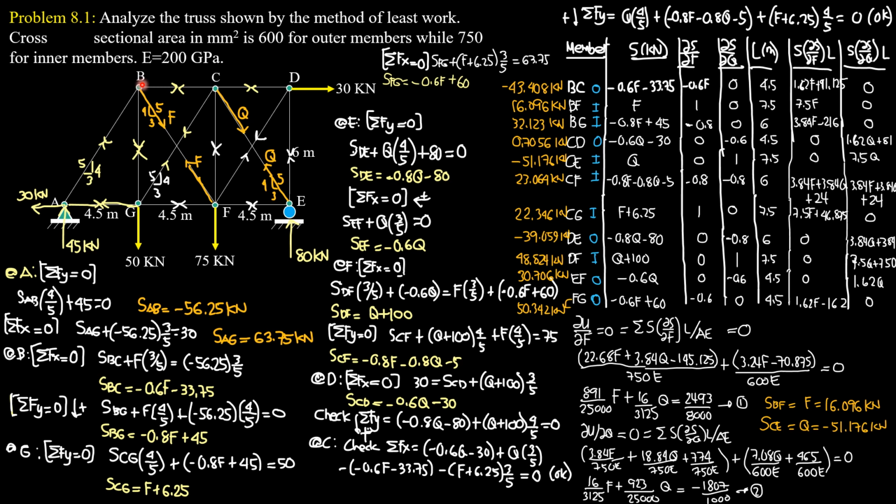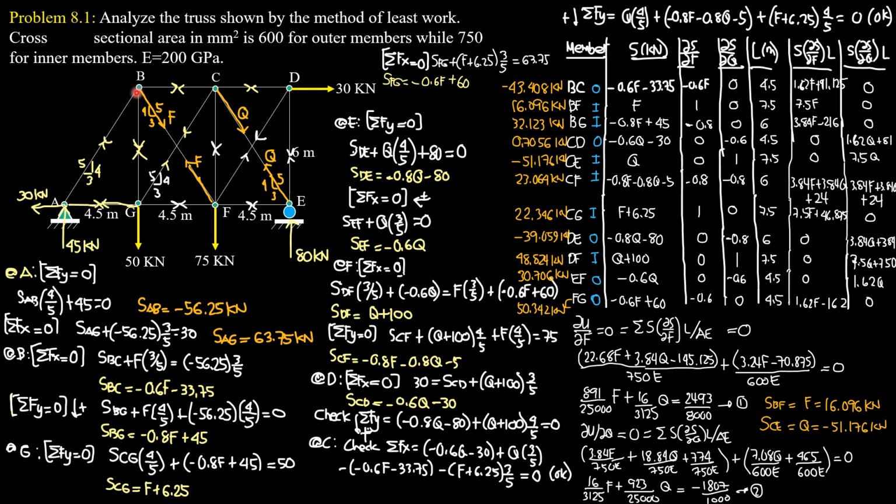I represent them respectively by F and Q. So there are two redundant forces, F and Q. Then summation of forces X at A: SAG plus SAB, which is negative 56.25 times 3 over 5, equals 30. So SAG is 63.75 kilonewtons positive, so it is tension, and that's the final member force of AG.